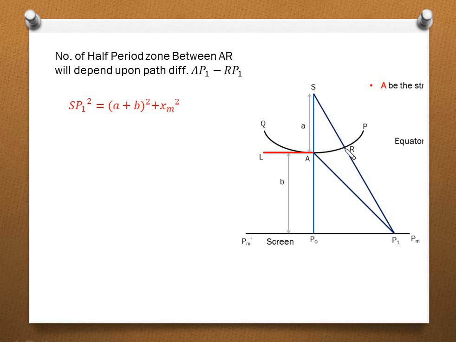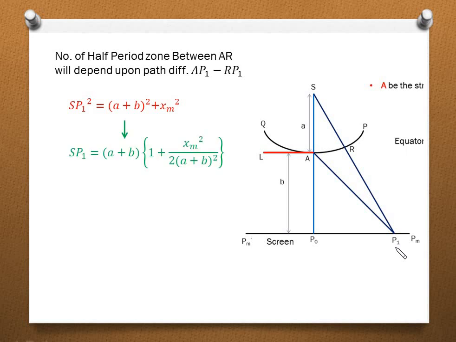If you think about this big triangle, then you can easily rewrite SP1 square equals (A plus B) whole square plus XM whole square, where XM is the distance between P0 and P1. Remember, it will be the distance between P0 and P1.